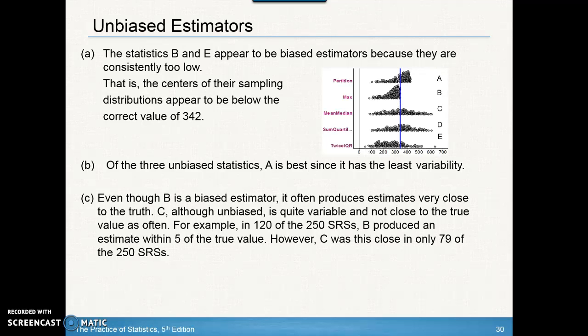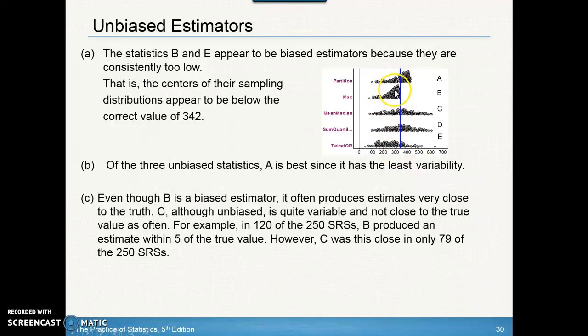Okay, so then the question is, which one is the best to use to estimate the true population number of German tanks? Let's take a look at this because this is a little bit tricky, and this isn't necessarily always the case. So let's take a look at letter B. Even though B is a biased estimator, almost all of the underestimates are very, very close to the truth, the true population mean of 342 tanks.